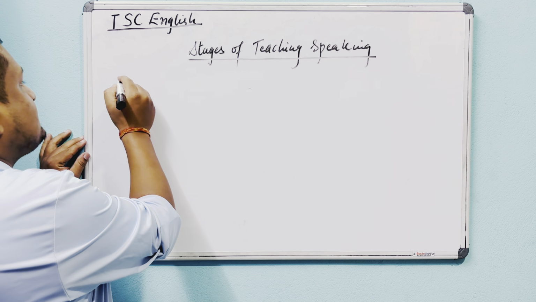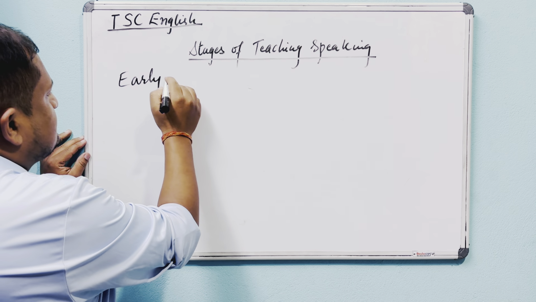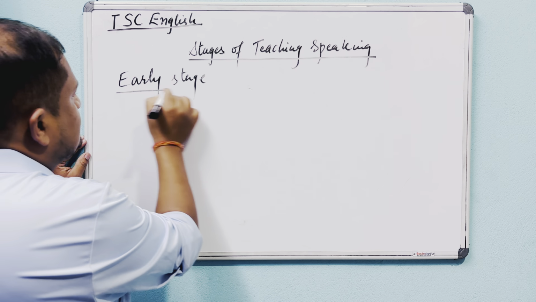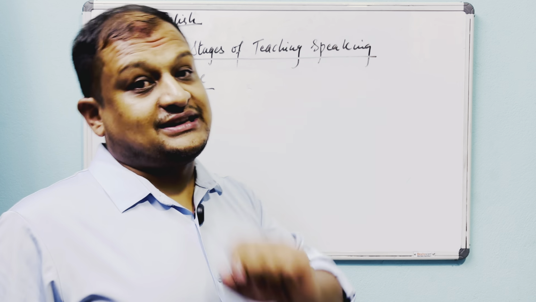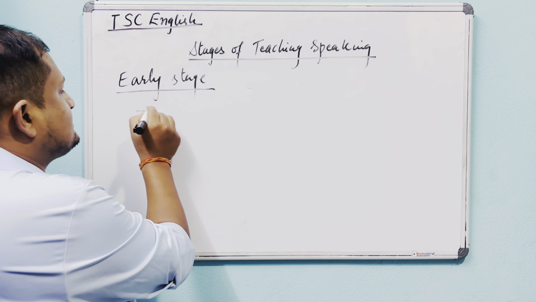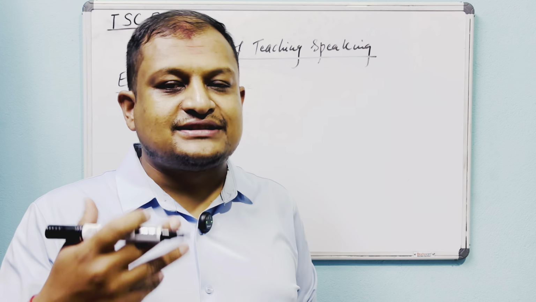The very first stage is known as the early stage out of the three stages. So what do they do? The first stage is also known as the presentation stage.